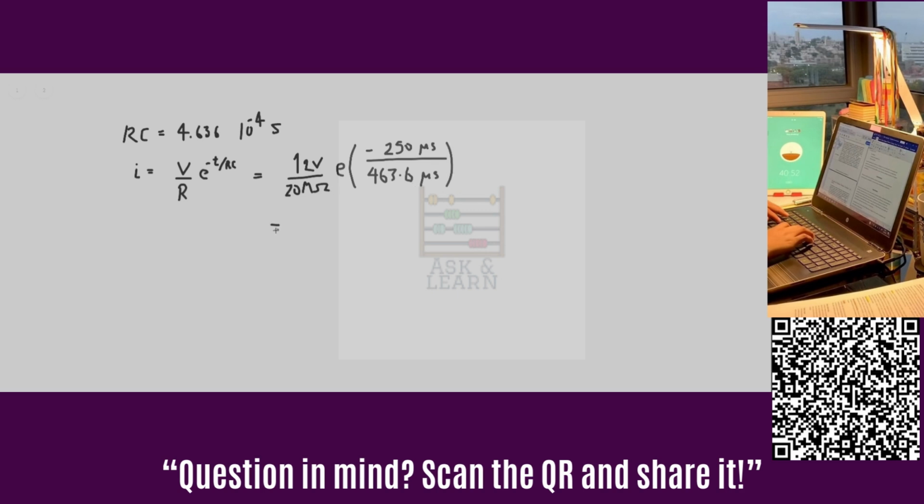And this ultimately leads us to a value of 3.5 times 10 power minus 7 amperes.